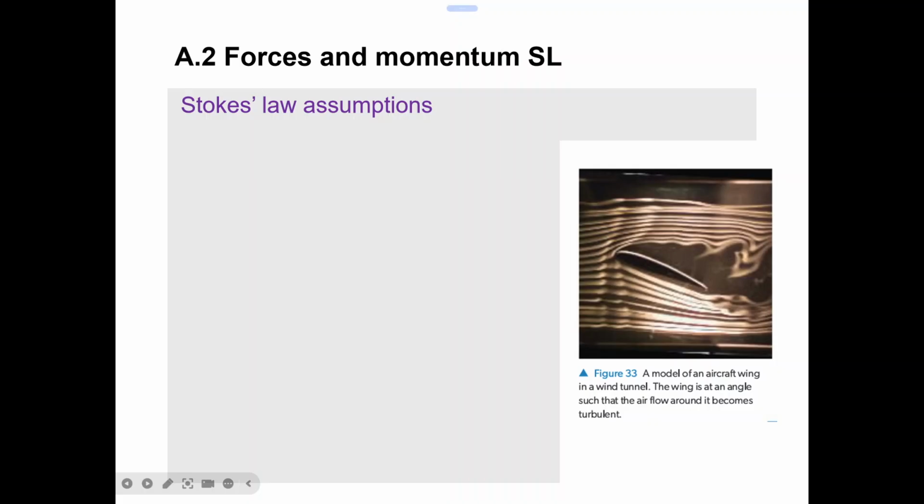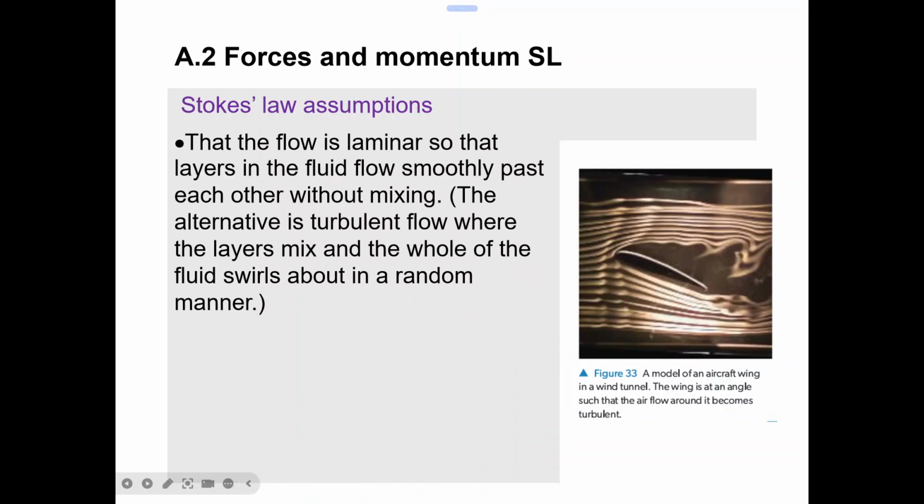So, what is Stokes' law? Now, Stokes' law has the following assumptions. He assumes that the flow is laminar, so that the layers in the fluid flow smoothly past each other without mixing. The alternative is turbulent flow, where the layers mix and the whole of the fluid swirls about in a random manner.